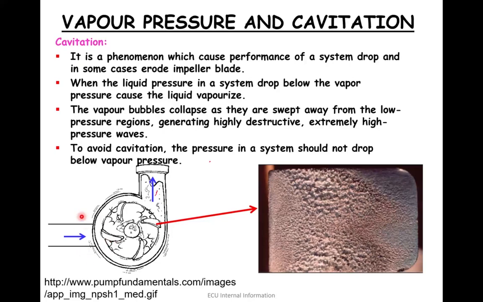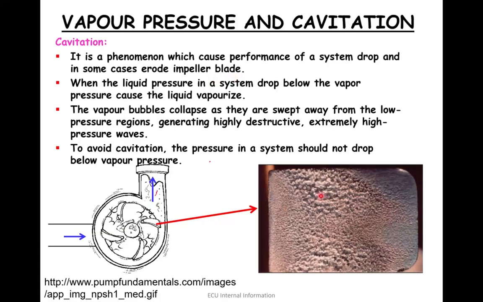Otherwise, bubbles form, move to the region with higher pressure, burst and damage the propeller surface. This is big damage and cost to many different industries. If you look at the text here, it is cavitation. It is a phenomenon which causes the performance of a system to drop and in some cases erodes the impeller blade.